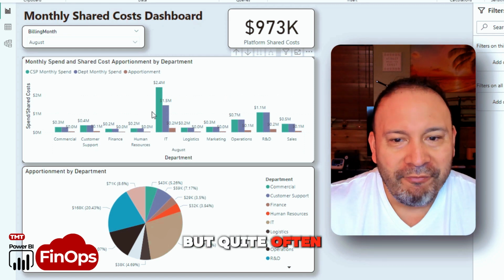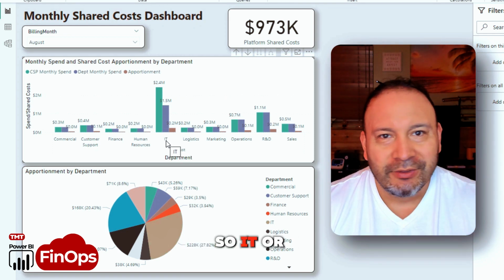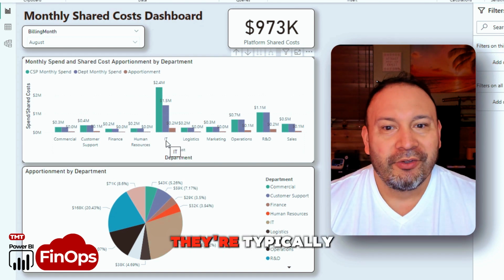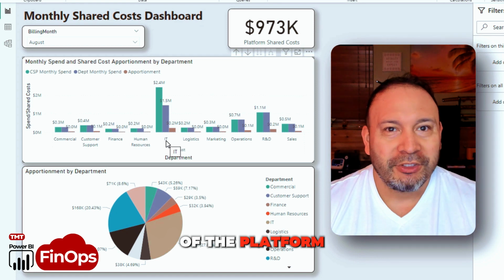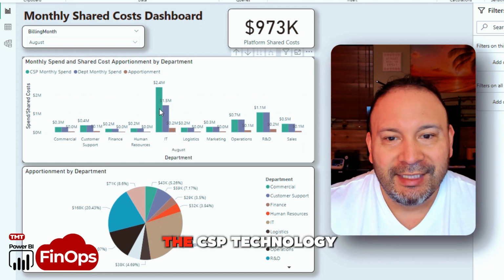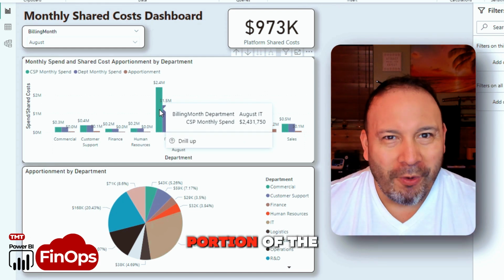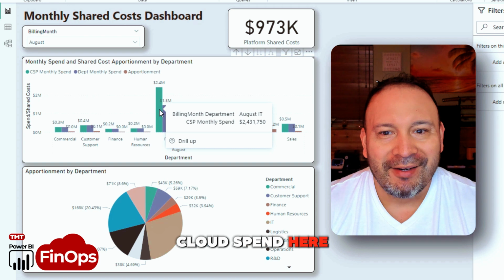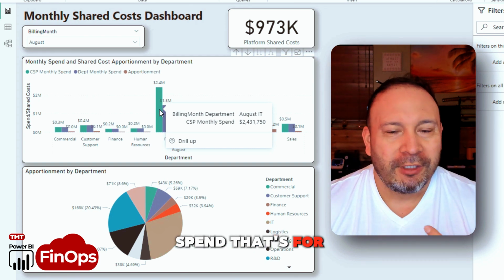But quite often, if we look at IT, or technology services, they're typically always carrying the cost of the platform, the shared cost. So if we look at that first bar, the CSP, technology is always having the big portion of the cloud spend here, but it's not the actual spend for the department.